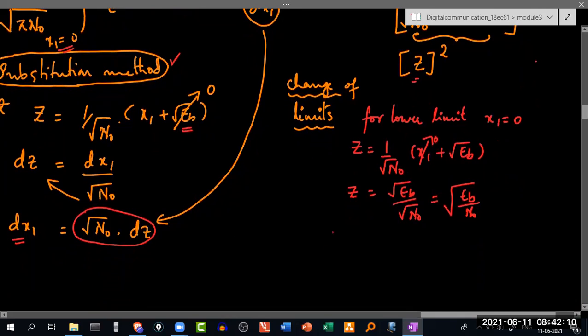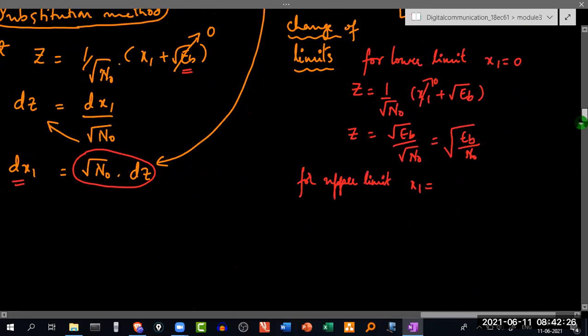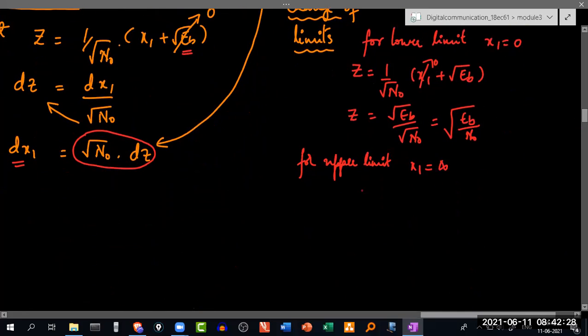Likewise, let's also substitute the upper limit. For the upper limit, x1 is equal to infinity. So let's substitute the infinite value in place of x1.